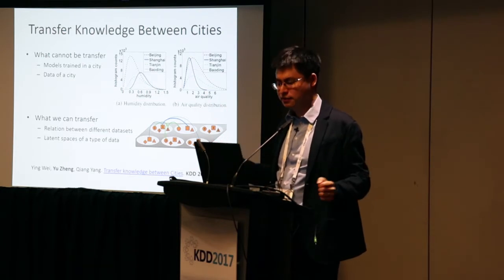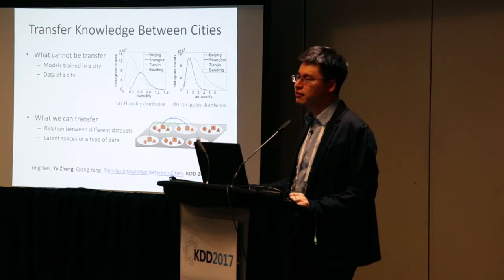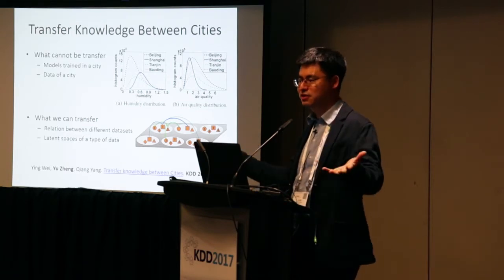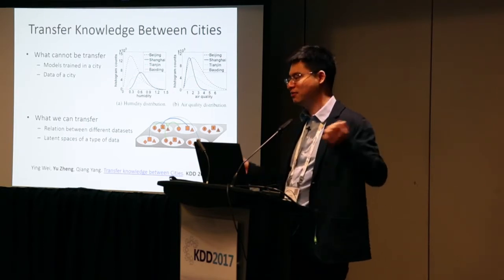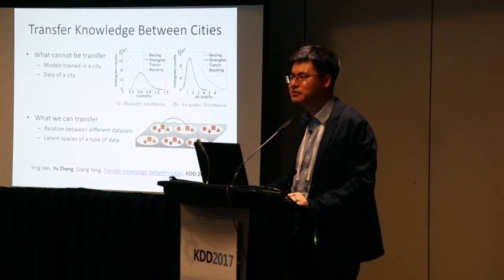And what if we take the traffic data of Beijing and apply it to other cities? It's impossible because the road networks of the two cities are different, right? You cannot take the traffic data of one city to another city. It seems that there's no data that we can transfer.